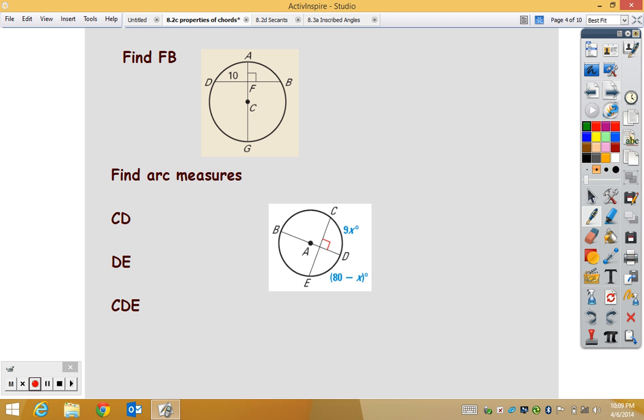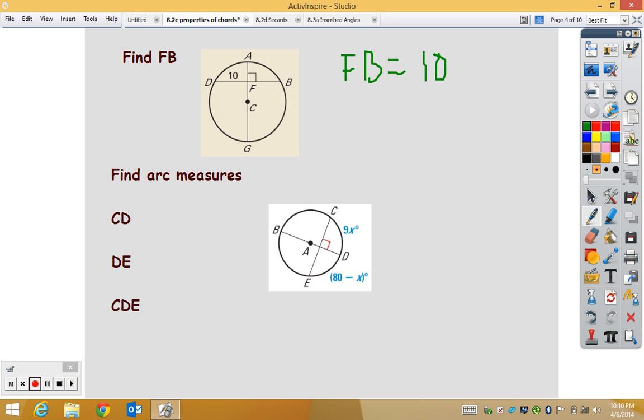So a couple examples. First, in the top one, we want to find the measure of segment FB. Since we have a diameter here from A to G, and it's also perpendicular, we know that it bisects the chord DB. So FB equals 10 because it is congruent to DF.